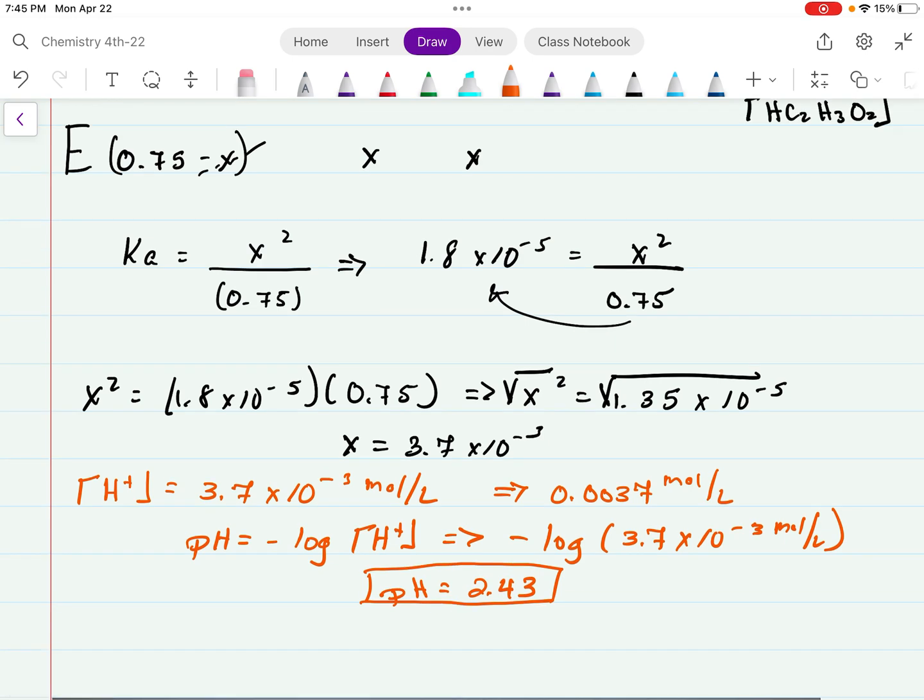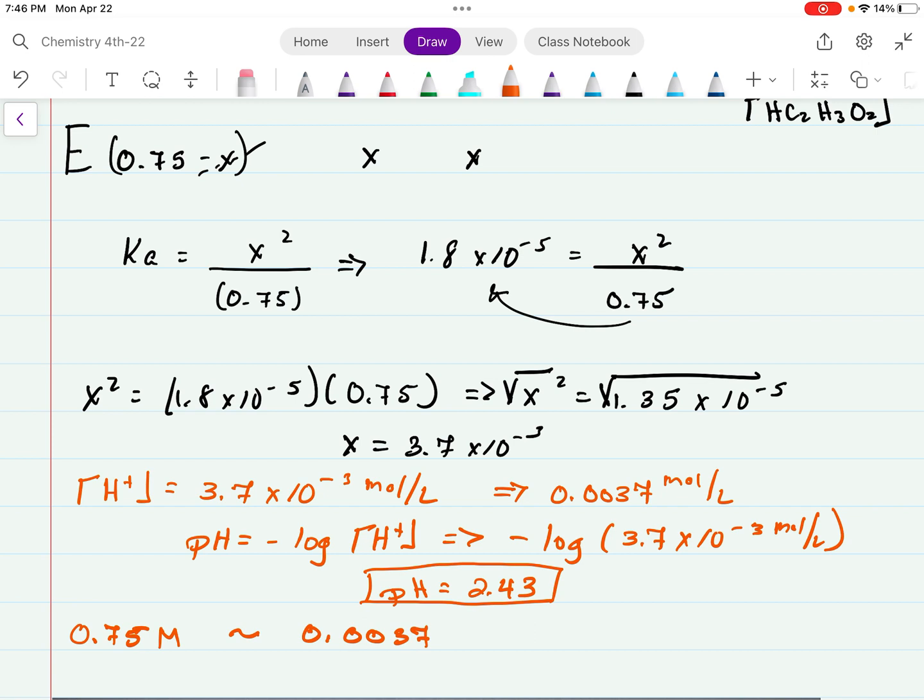Let's take a look at the original molar concentration of the acid, which was 0.75 molar, right? That was our initial concentration of the acetic acid. Now, let's take a look at our calculated X, right? So in this case, it's 0.0037.